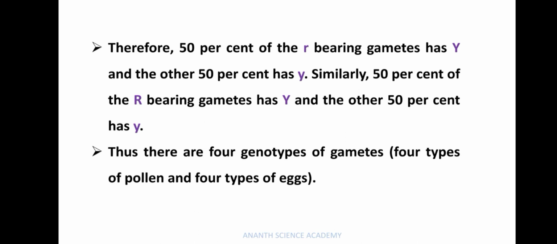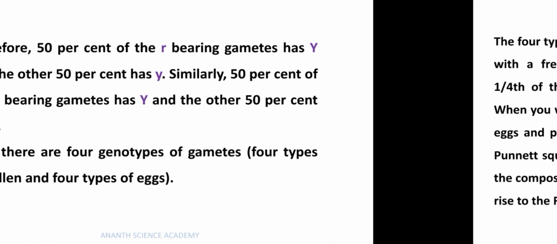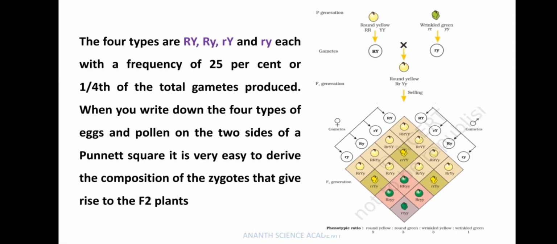Thus, there are 4 genotypes of gametes. That means 4 types of pollen grains and 4 types of eggs. The 4 types of gametes are capital R capital Y, capital R small y, small r capital Y, and small r small y, each with a frequency of 25% or 1/4 of the total gametes produced.